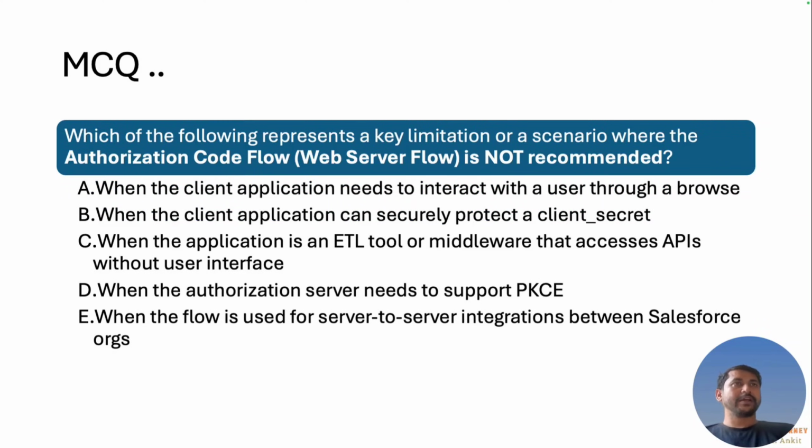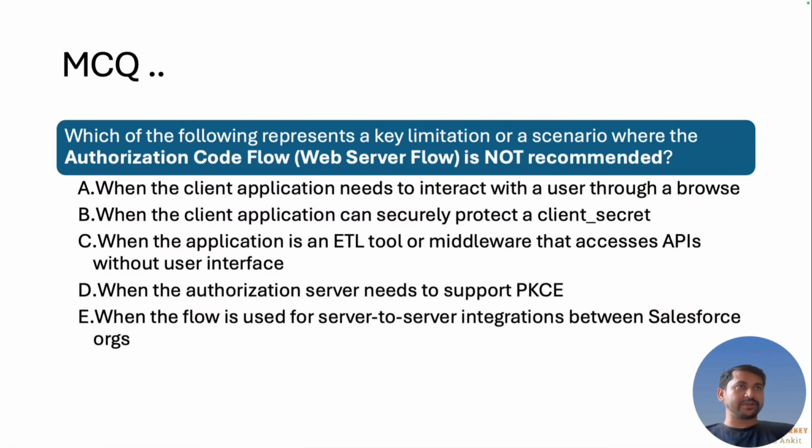Next one here is, which of the following represents a key limitation or a scenario where authorization code flow is not recommended? Just now we discussed the limitations of the authorization code flow, so you can easily pick the answer. Is it when the client application needs to interact with the user through a browser? When the client application can securely protect a client secret?